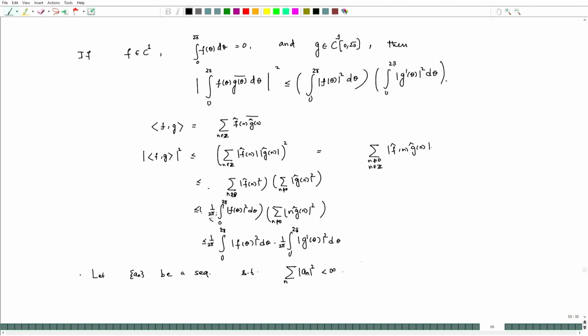The question we are asking is: is it necessarily true that there exists an f which is Riemann integrable such that f hat of n is equal to a n?